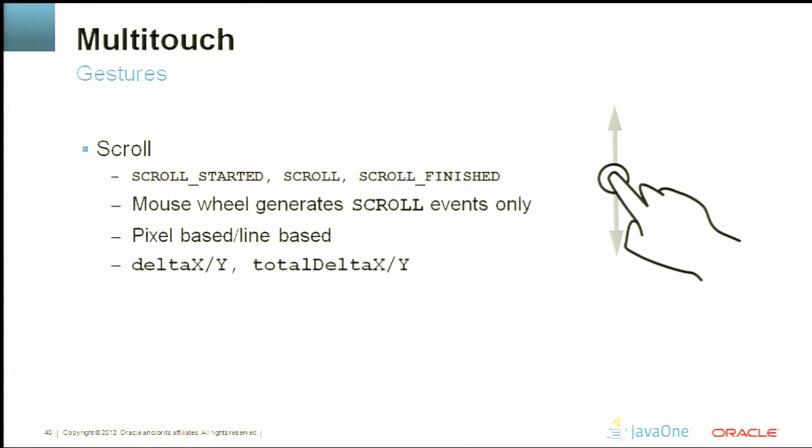But you will also get scroll events when you use the wheel on your mouse. But scroll events only, no scroll started and scroll finished. And you will get the amount of lines or the amount of pixels you need to change from the scroll event.